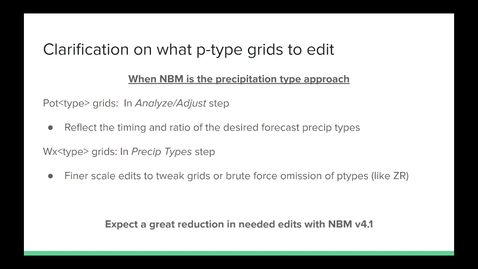So this is for now with MBM version 4.0. When we go to version 4.1, there should be a great reduction in edits, and we believe that for forecasters, you'll be able to work mostly with the WX type grids at that point, based on the output of version 4.1 that we've seen to this point in time.